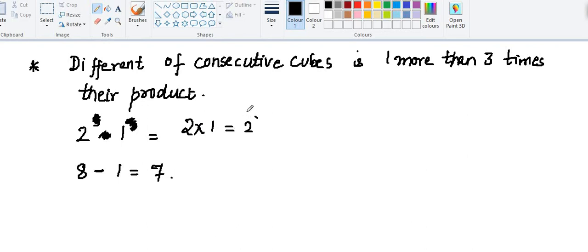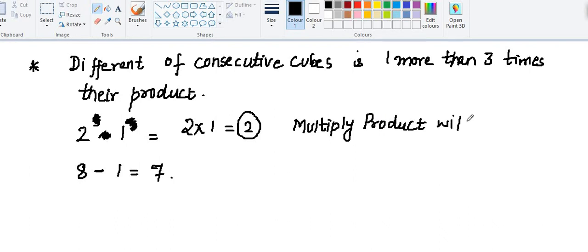Multiply this product with 3, you will get 6. Now add 1. So your answer comes out to be 7.